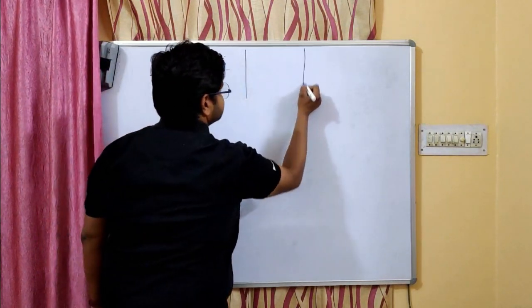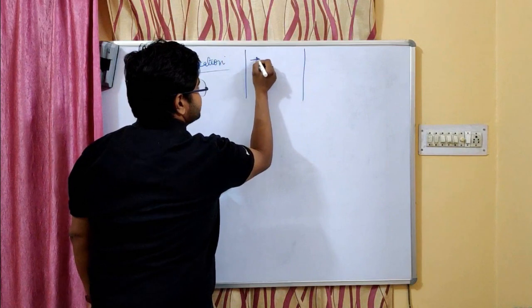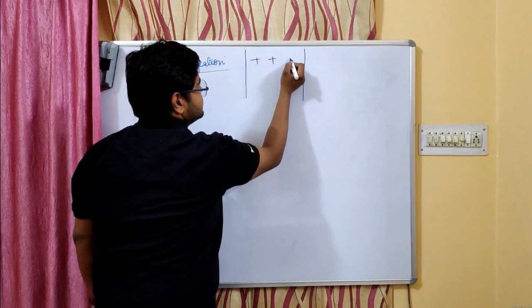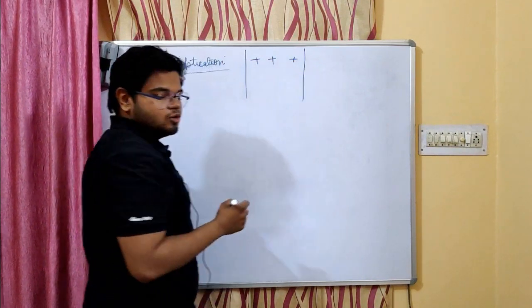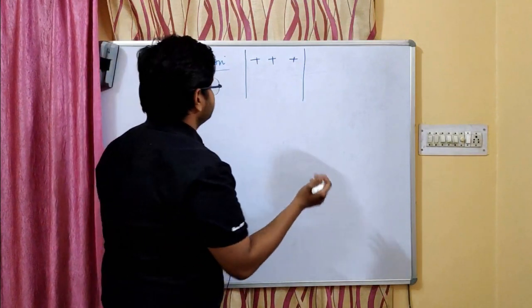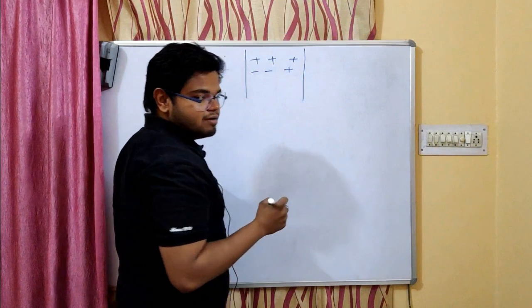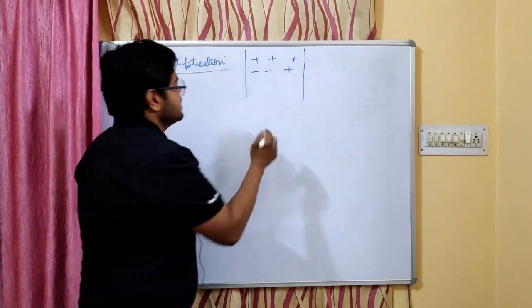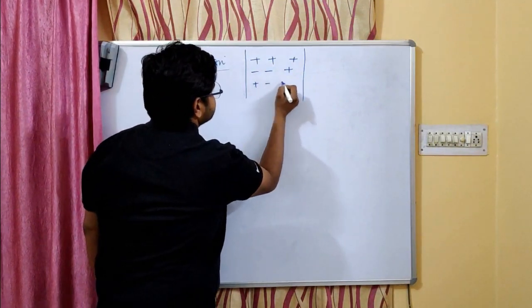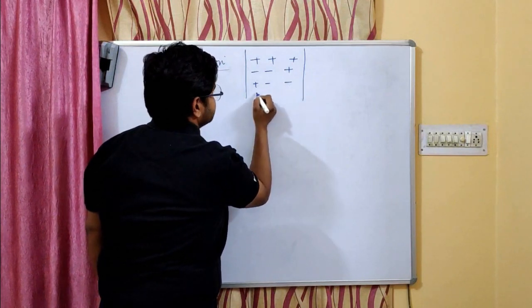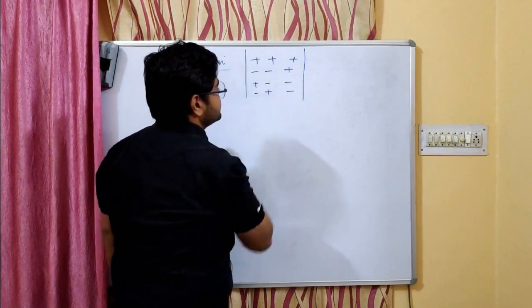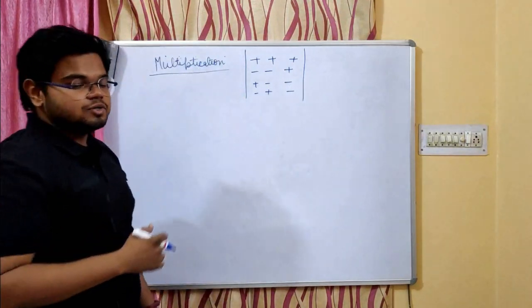If you have two integers and both their signs are positive, the end result will also have a positive sign. If both of them are negative, the end result will have the positive sign. If one of them is negative, then the end result will be negative.